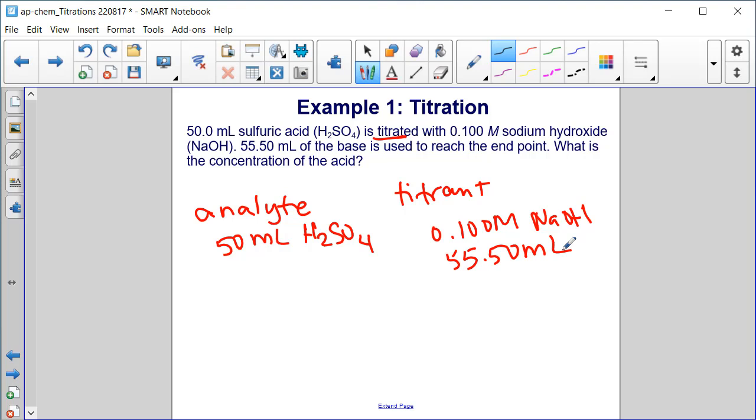What is the concentration of the acid? Okay, so I've summarized here, and then we're going to look at how to solve this on the next slide.